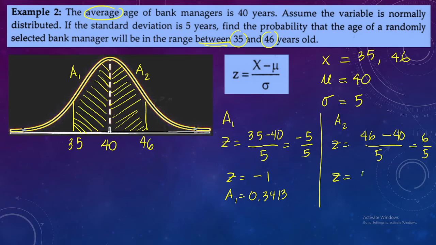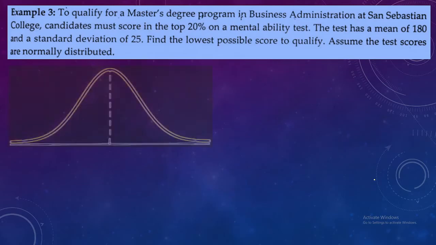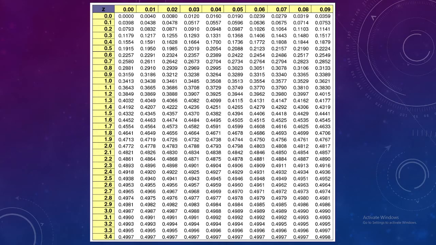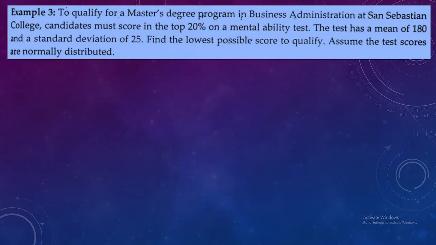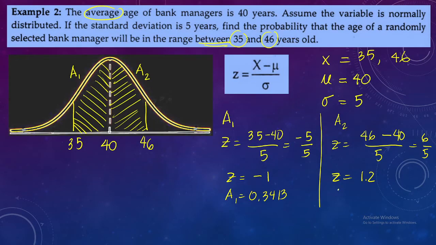So going to our table, 1.2 is 0.3849. Area 2 is simply 0.3849.